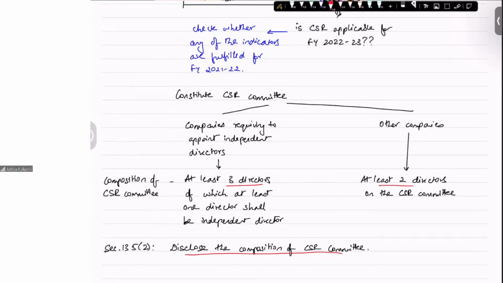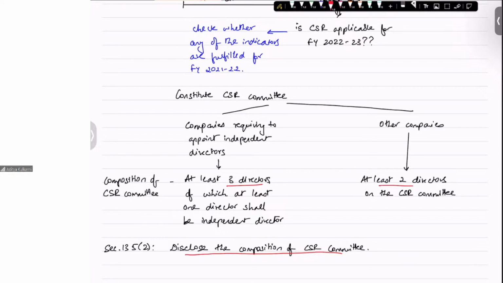Under section 135(2). So is this clear? 135(1) is clear, the threshold limits. Once the threshold limit is done, that only tells you that you have to form a CSR committee, 135(1). 135(2) requires you to disclose the composition of the CSR committee. Are the first 2 subsections clear?